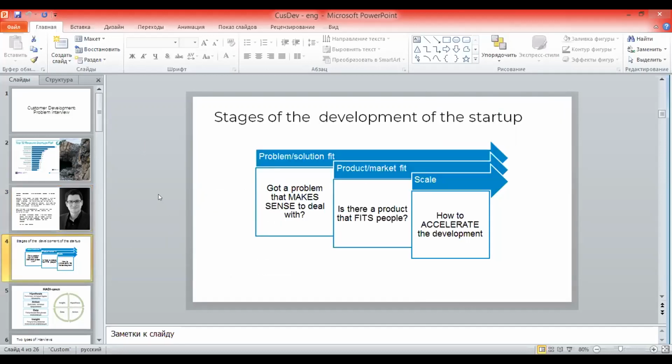If we look at it from the general theory, there are several stages of development of a startup, and most projects, as I mentioned before, try to go directly to product market fit already with an MVP, already creating a great product, great solution, and so on.